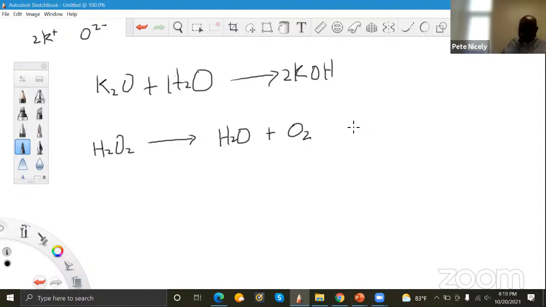Come on, folks, this should be easy. Okay, so 2 in front of the H2O and a 2 in front of the H2O2.